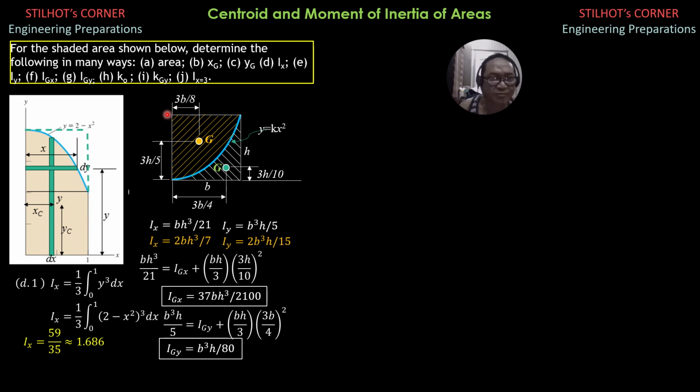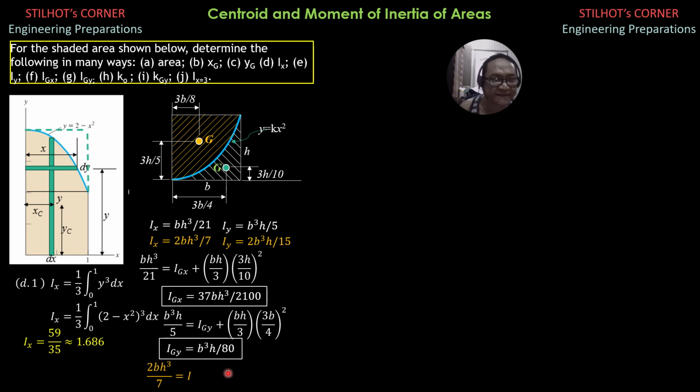Likewise, for this parabola, since Ix is equal to 2 over 7 b h cubed, it equals Igx of the parabola, the orange one, plus area, which is 2/3 base times height for this orange hatch parabola, and distance 3/8 of h quantity squared.